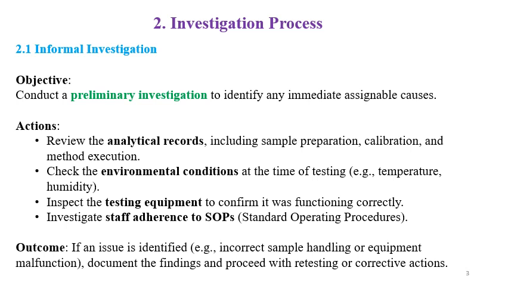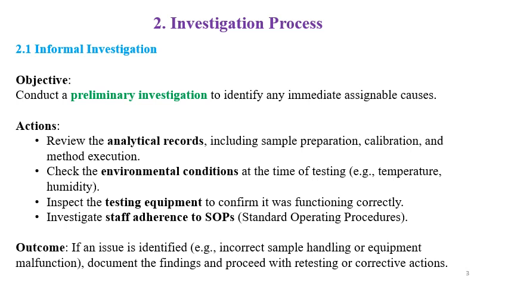So first is the informal investigation. The objective of the informal investigation is to conduct a preliminary investigation to identify any immediate assignable causes. It requires actions like reviewing the analytical records, including sample preparation, calibration, and method execution.